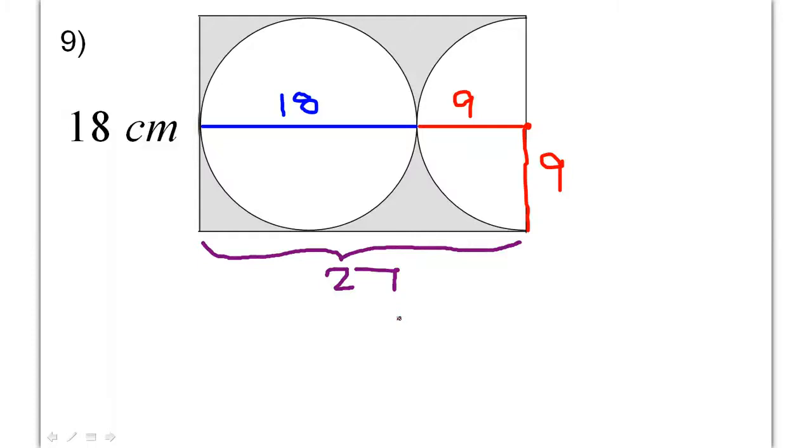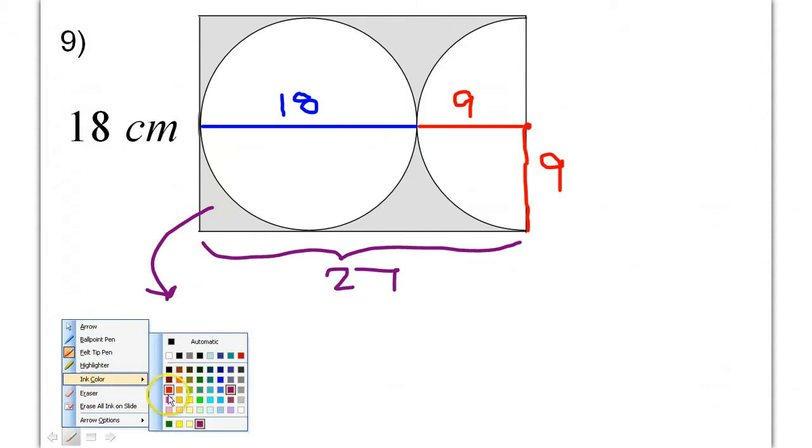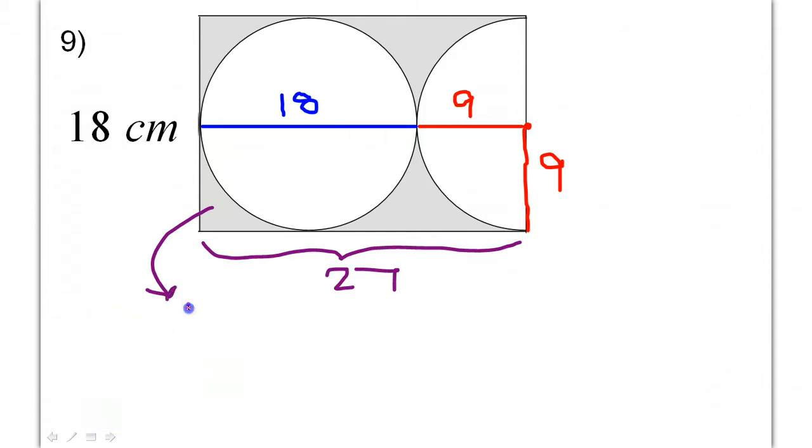She's saying the bigger shape is this rectangle. So if we find the area of the rectangle, so this shaded area, I feel like changing colors. If I found the area of the rectangle, in fact, I'll do it in symbols, and then I could subtract the area of the circle, and I could also subtract the area of the semicircle.